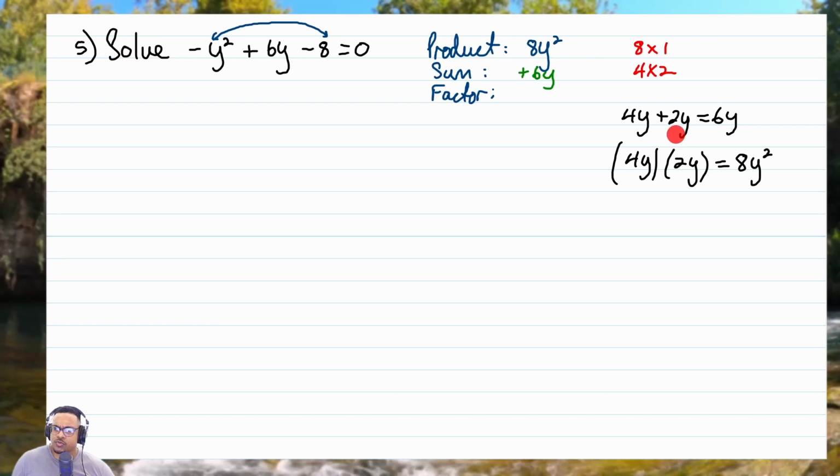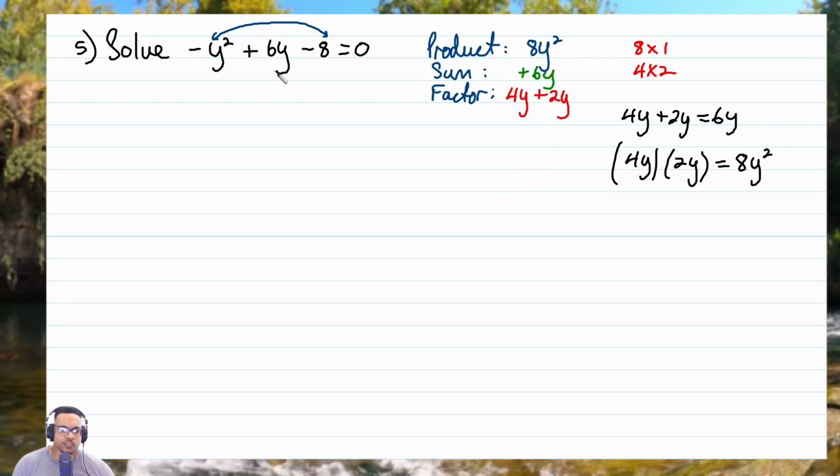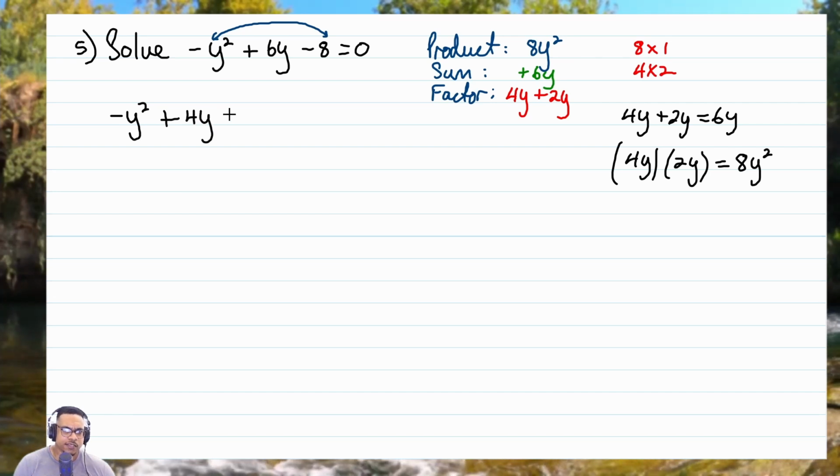So the 4 and 2 satisfies both the sum and the product. So for my factor, I'll write 4y plus 2y. So now I'll replace the 6y with 4y plus 2y. So I'll have negative y squared plus 4y plus 2y take away 8 is equal to 0.